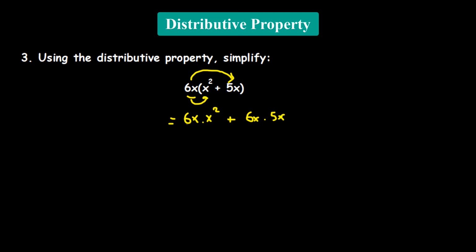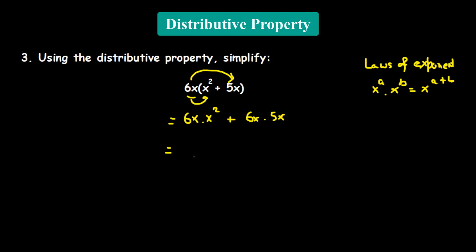Now 6x times x squared. So what we have to do here is use the laws of exponents. Let me write it down here. The laws of exponents state that if we have x raised to the power of a multiplied to x raised to the power of b, that is equivalent to saying x raised to the power of a plus b.